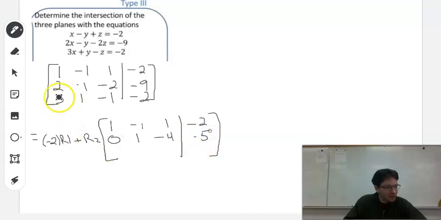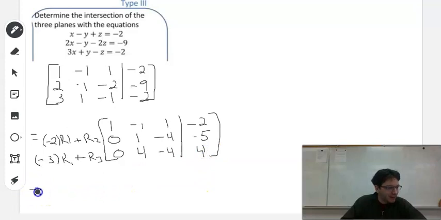And then to make that 3 a 0, I can multiply row 1 by -3, and then add row 3. So if I do that, I get 0, 4, -4, and 4.